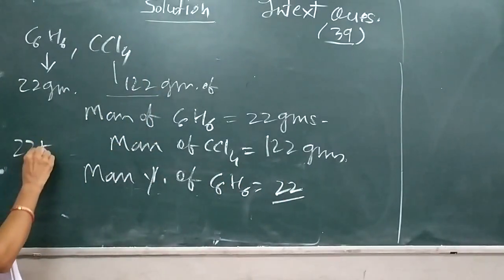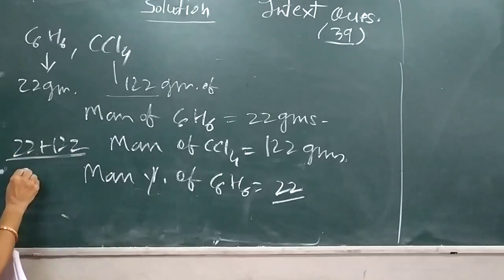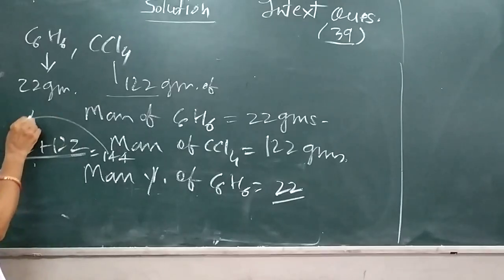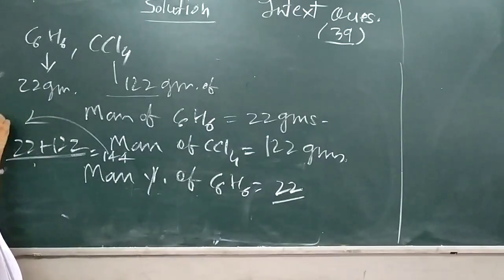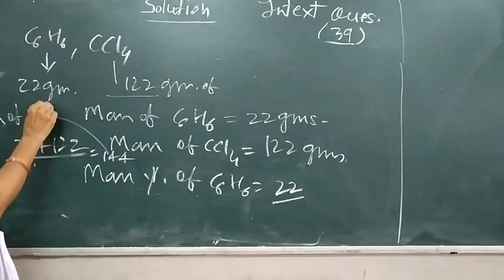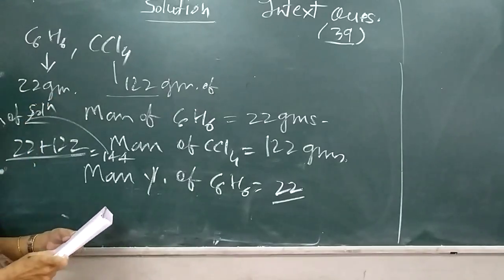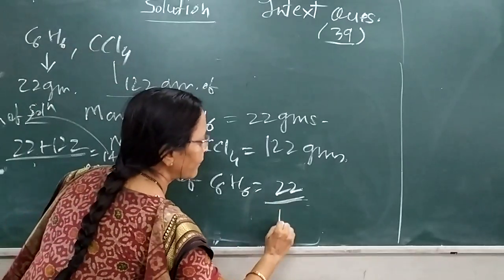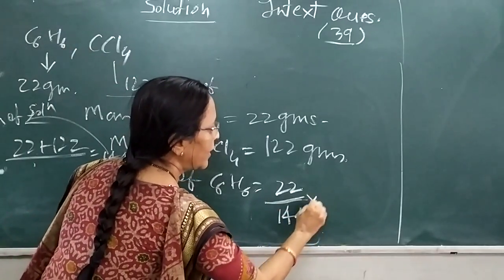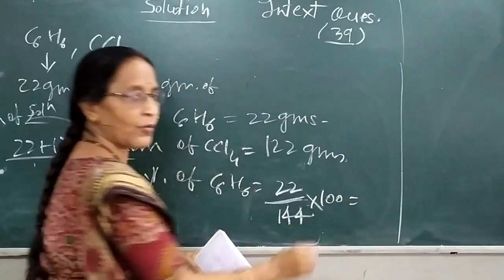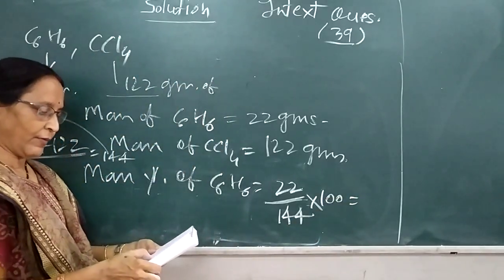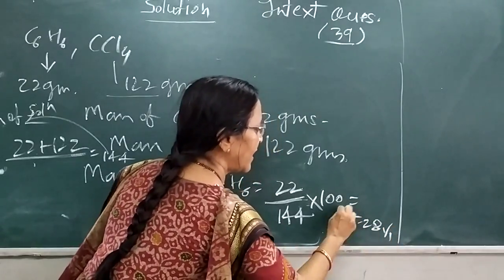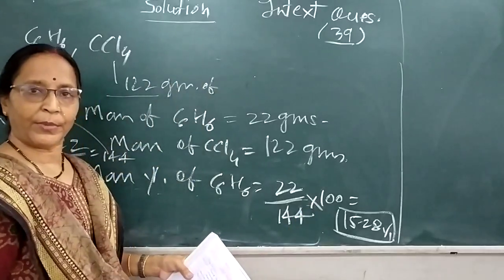It means 22 plus 122, which comes to 144, and this 144 is our mass of solution. So 22 grams divided by 144 into 100, and when we calculate, it comes to 15.28%.